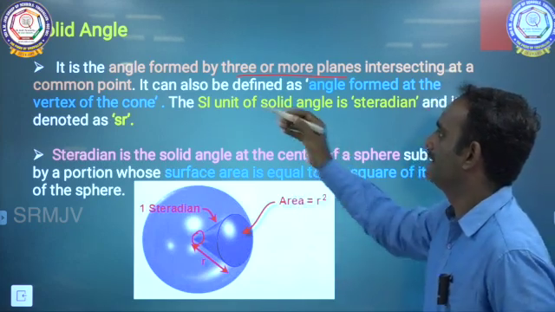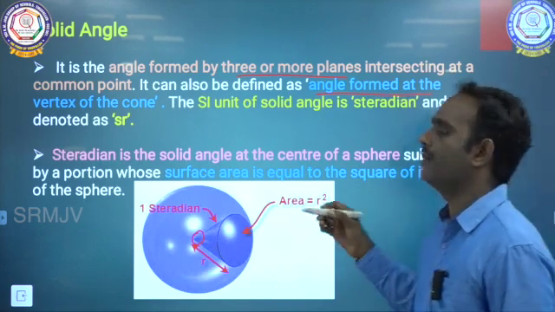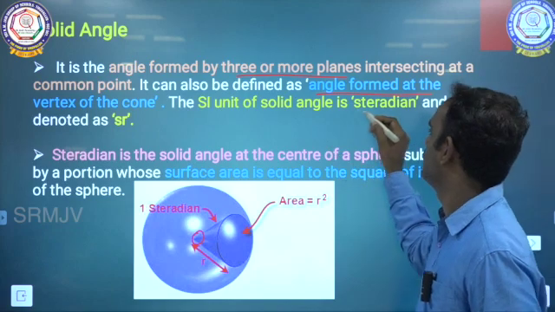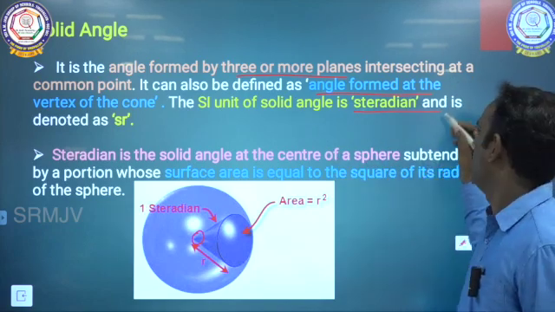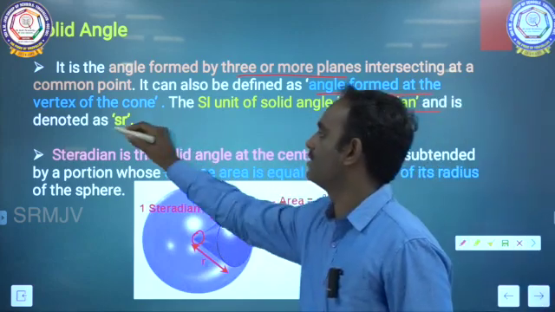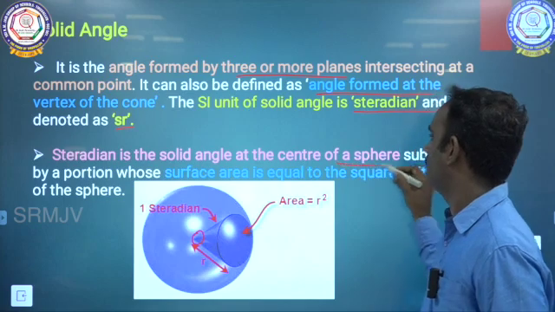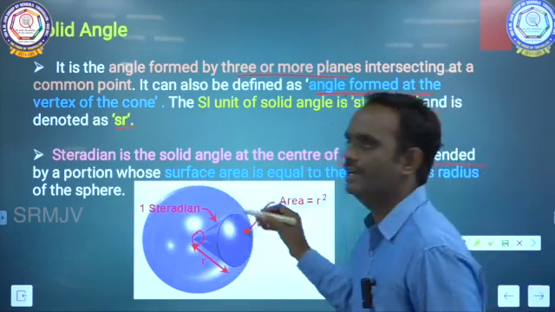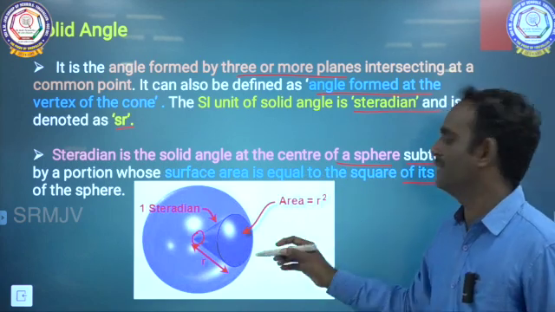So, solid angle can be defined as angle formed at the vertex of the cone. The SI unit of solid angle is steradian, and it is denoted as sr. The steradian is the solid angle at the center of the sphere subtended by a portion whose surface area is equal to square of its radius of the sphere.